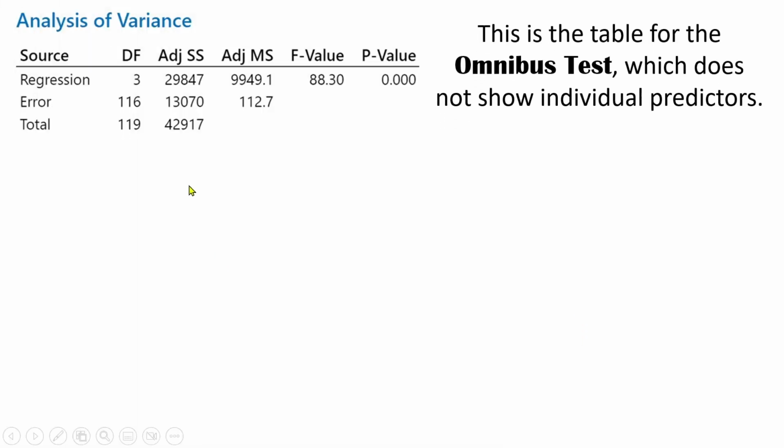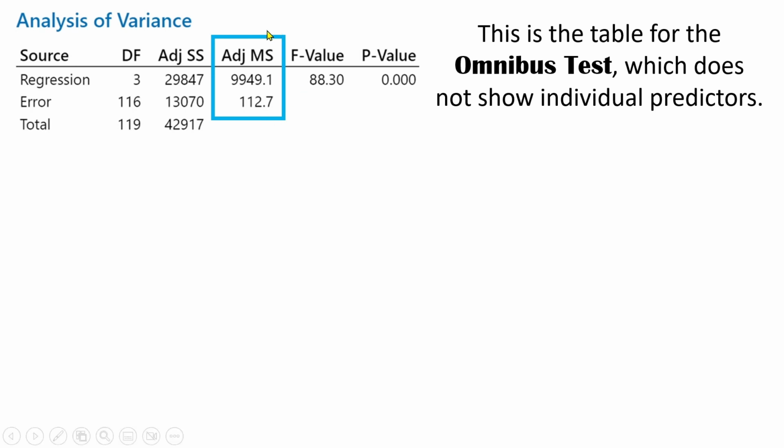One thing to note here, we have an analysis of variance table for the omnibus test alone. So this table isn't showing you any of the individual predictors. And so what is it we need to look at? To calculate the F statistic, we need to remember that the F statistic is a ratio of variances. And where do we find variance?